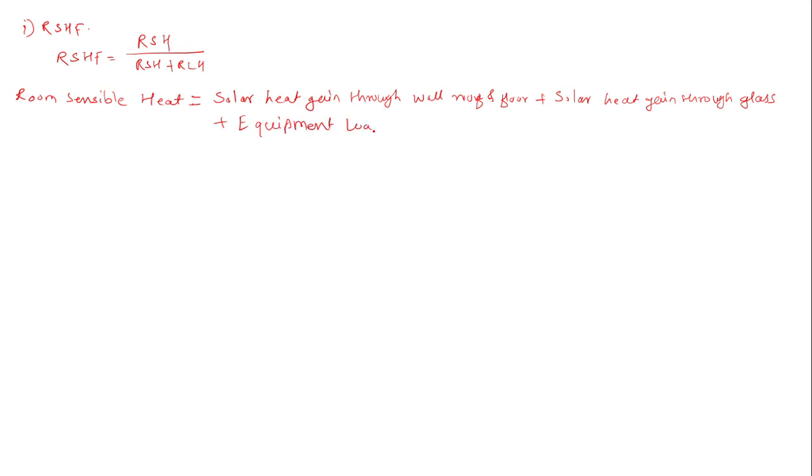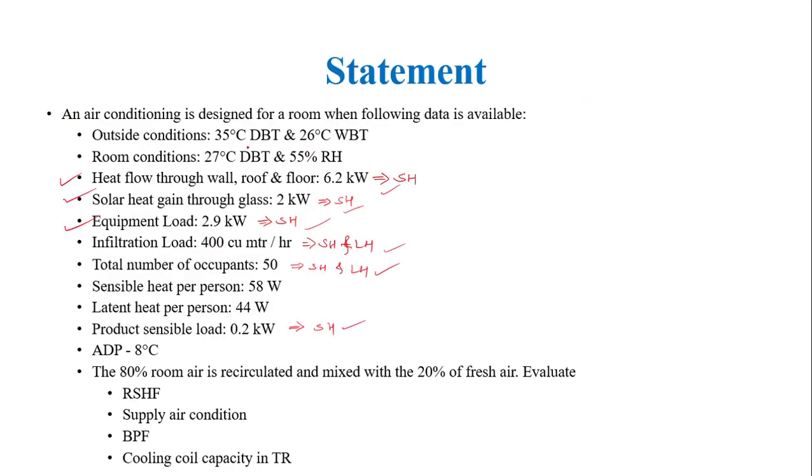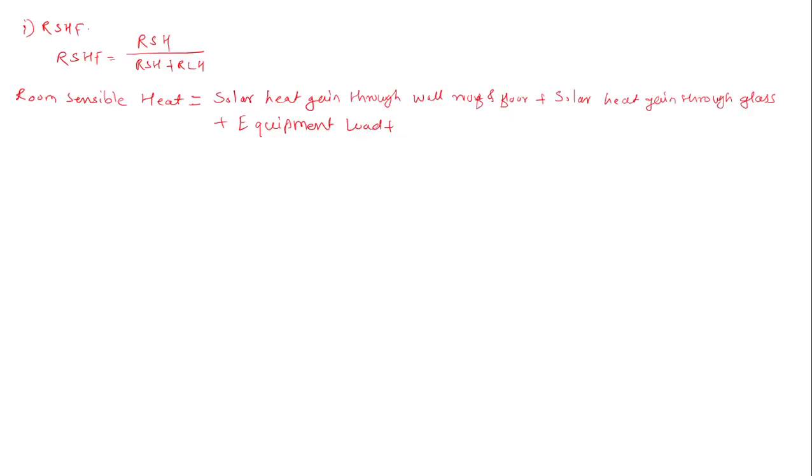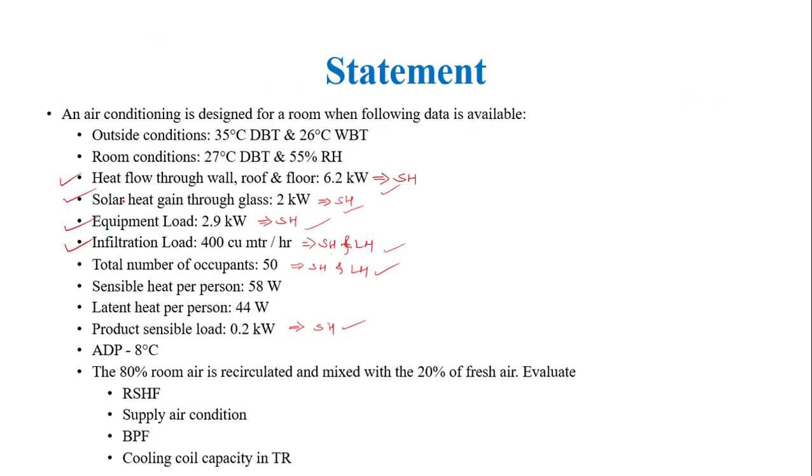Then obviously you need to write down the first formula, then you just put the values. Then have the infiltration. In infiltration you have the sensible as well as latent. So infiltration load will be infiltration sensible heat, fine. Then you will have occupant sensible load.